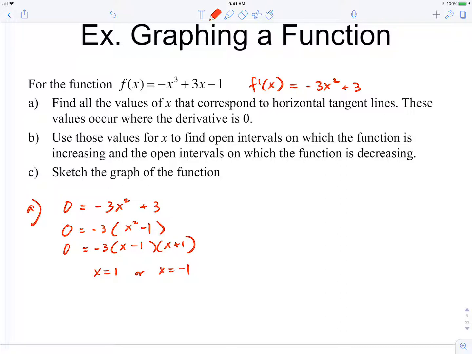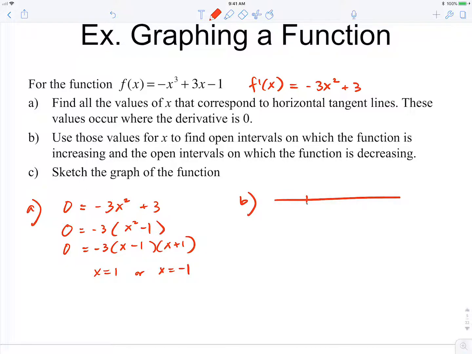And the reason we wanted to find the location of the horizontal tangent lines is because if a function is going to change from increasing to decreasing, especially a smooth continuous function like a polynomial function, that change is going to occur wherever there's a horizontal tangent line.